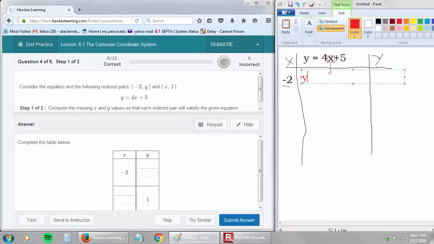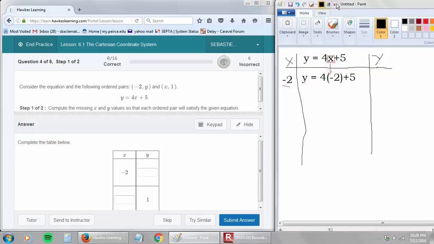So it's going to be y equals, y stays the same, equal stays the same, 4 stays the same, and my x is going to become a -2, and you typically see that written in parentheses just so that you remember it's a multiplication. And then the plus 5 comes down. And then it's a matter of computation.